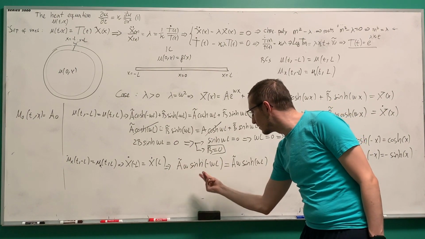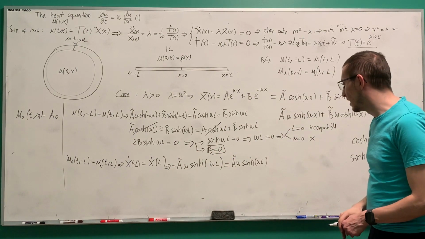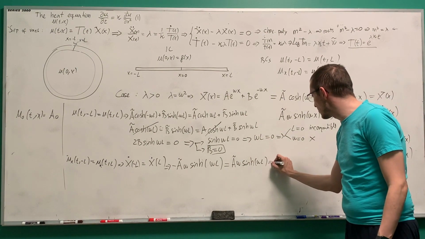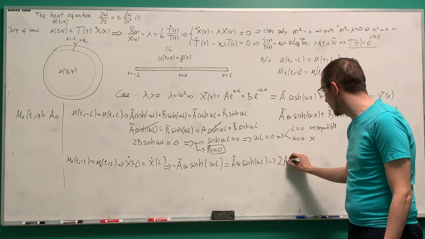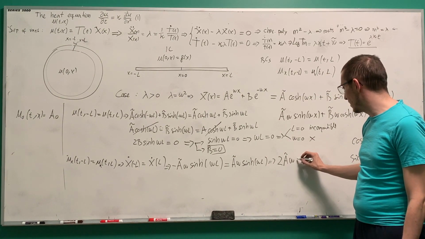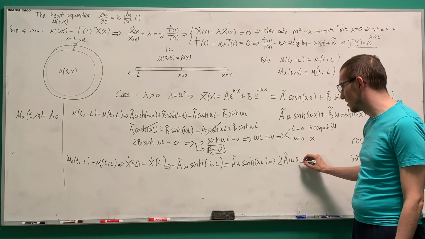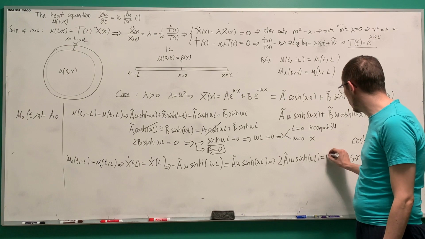Look at here. So this, I took the sign out, and that means that twice a omega sinh omega L equals 0.